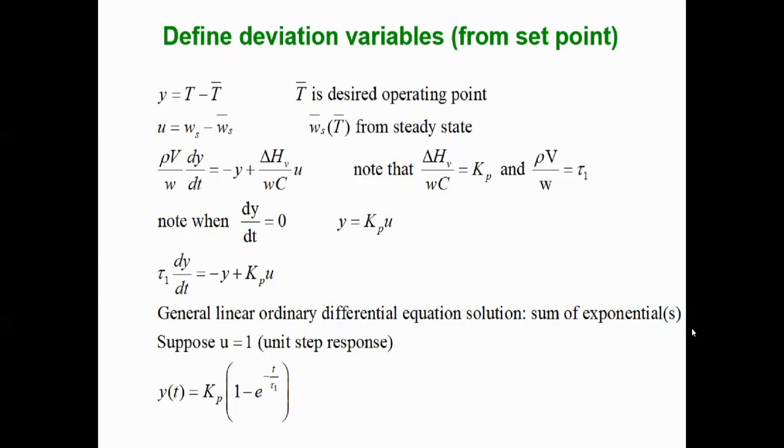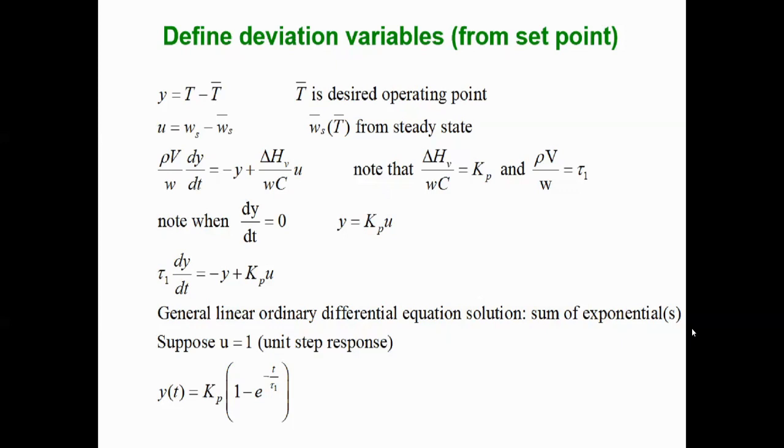Then from the equation rho V over wC dy/dt equals minus y plus (delta H_v over wC) u. Noting that delta H_v over wC equals K_p and rho V over wC equals tau, so tau dy/dt equals minus y plus K_p u. When dy/dt equals 0, then we have y equal to K_p u.